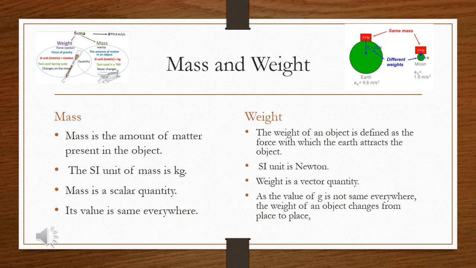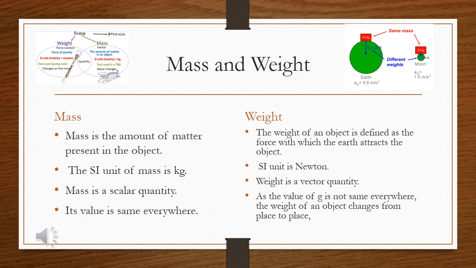So how to differentiate between the weight and mass? First, we know that weight means it is a force of gravity. So it is related with a force, so it is a vector quantity. That means we can define the weight of an object as the force with which the earth attracts the object.